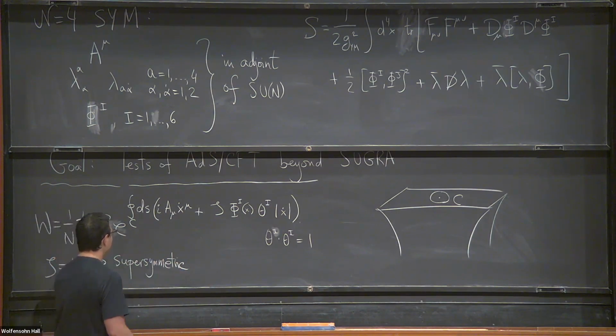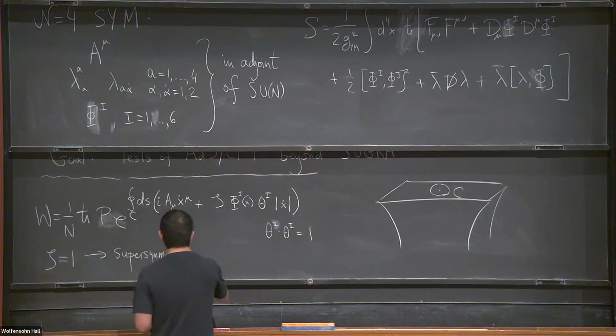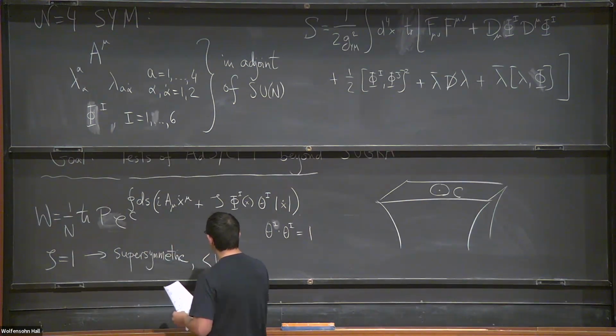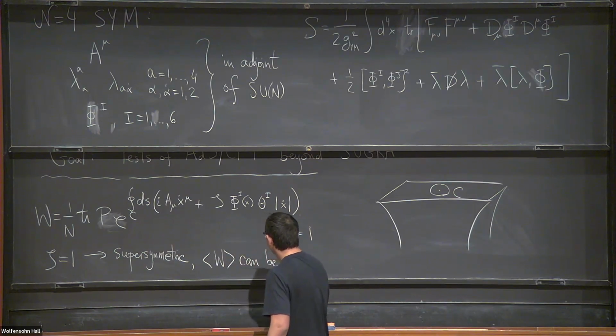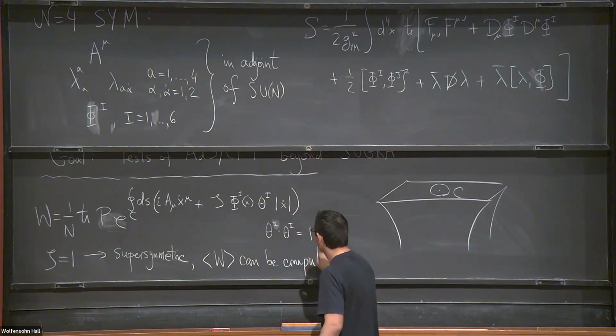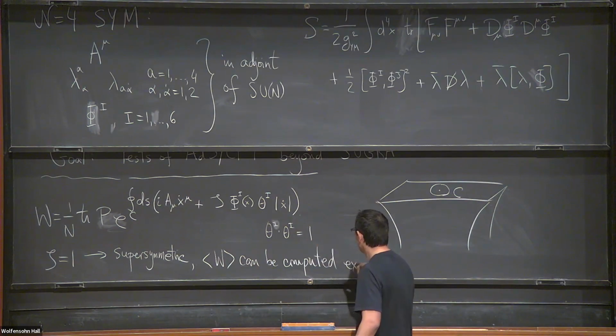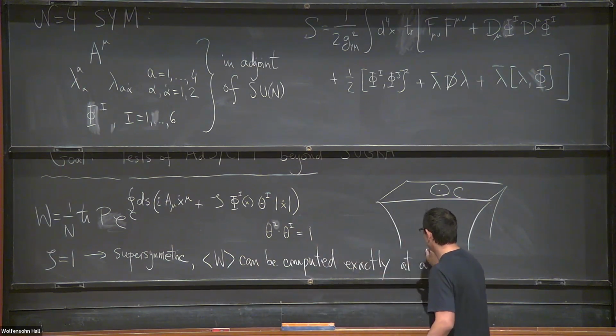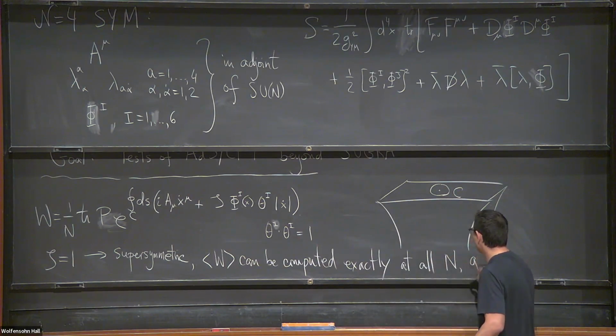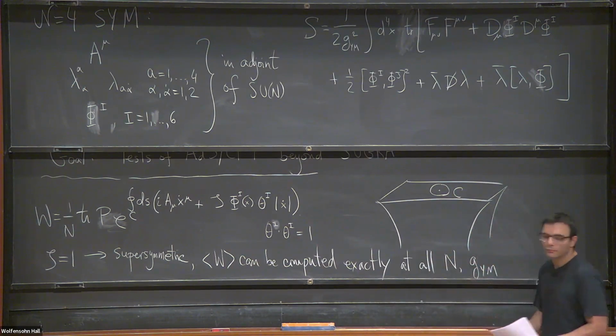And because of that, the expectation value of the Wilson loop can be computed exactly at all n and g angles. And I'll show you the formula for it.